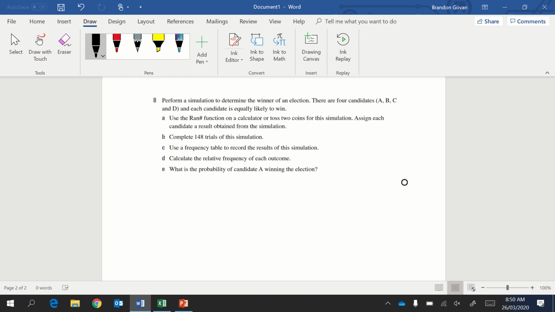Question 8, perform a simulation to determine the winner of an election. There are 4 candidates, A, B, C, and D, and each candidate is equally likely to win. So the first thing that we need to know is, if we have 4 candidates and they're equally likely to win, that means there's a 25% chance for each of them, because this is how we add up to 100% while they're all being equal.